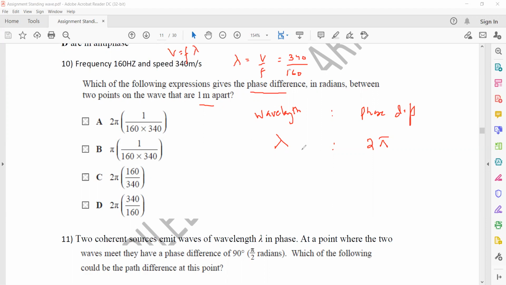So when we work out the wavelength, because when one wavelength is there, that has a phase difference of 2 pi. And here, what is one wavelength? One wavelength is equal to 340 divided by 160.